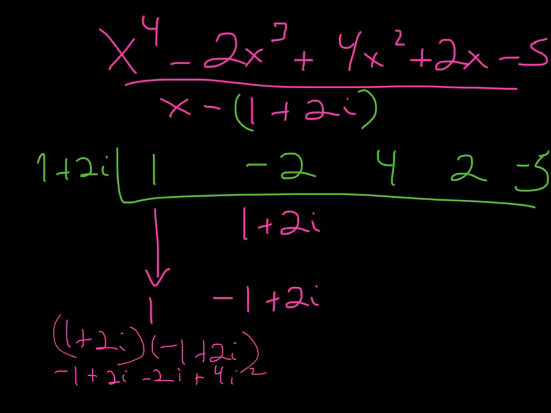Okay, and this is nice because the two middle terms go away. And if you remember, what is i squared? Well, i squared is -1, so this last term becomes -4. So now I get -1 minus 4, which is -5. So this is nice because when I multiply these two right here, my answer simply becomes -5. So I'm going to get rid of that.